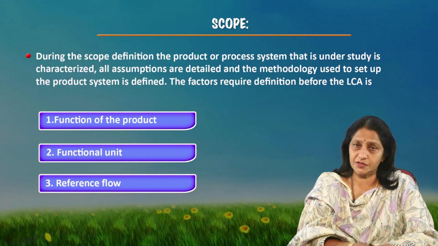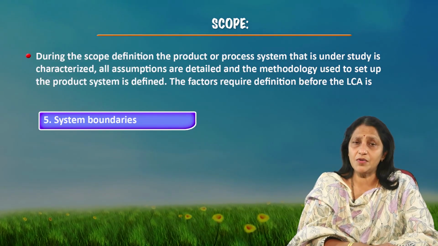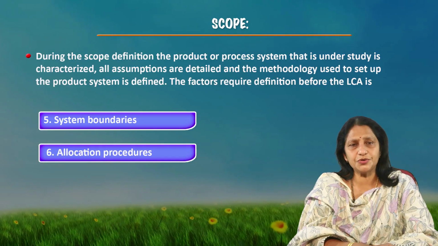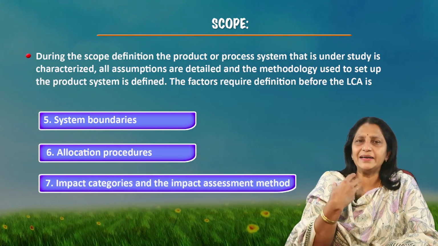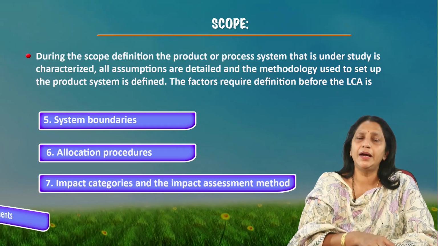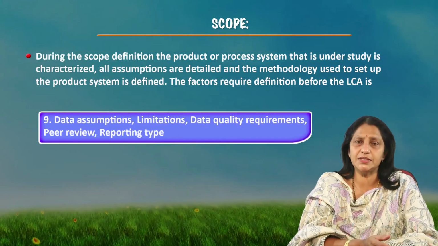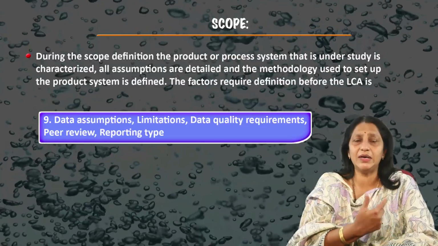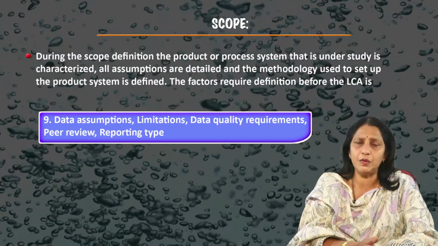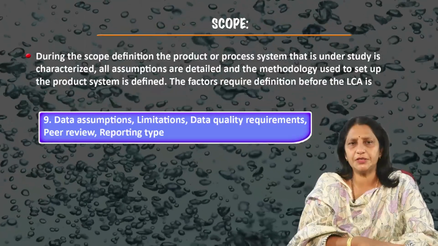And then the reference flow, description of the systems and system boundaries, allocation procedures, impact categories, and the impact assessment method of that particular product, and what are the data requirements, data assumptions, limitations, data quality requirements, peer review, and reporting type. So all these things will come into the picture.